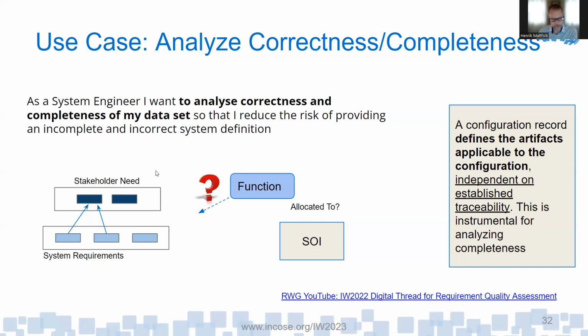Then this configuration record becomes pretty powerful for finding all those needs and checking whether they have traceability to what they should be connected to. So it's definitely a good way to find orphan artifacts that may or may not be a problem, but then you can at least look into it.